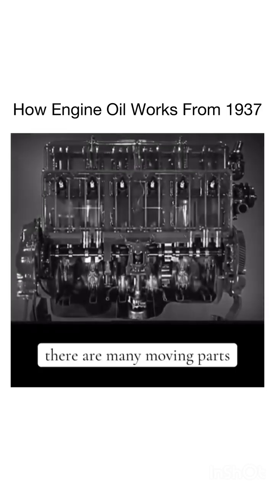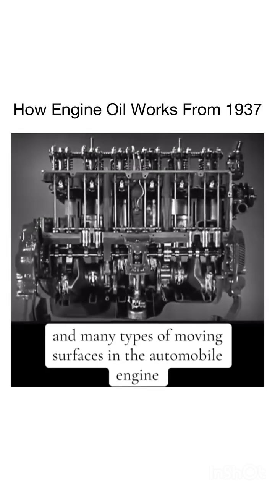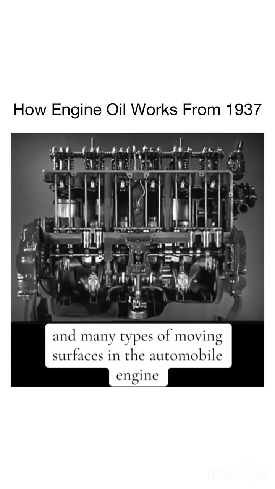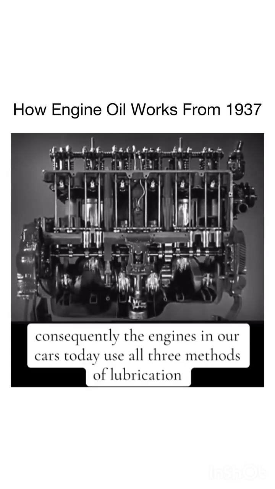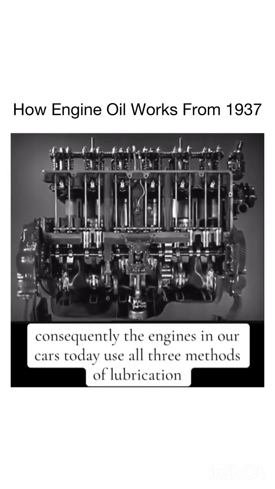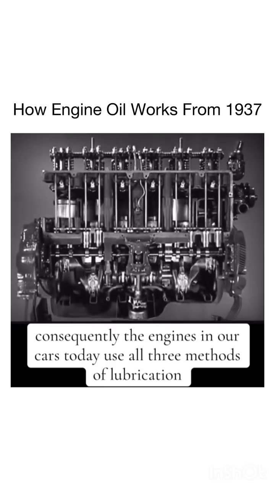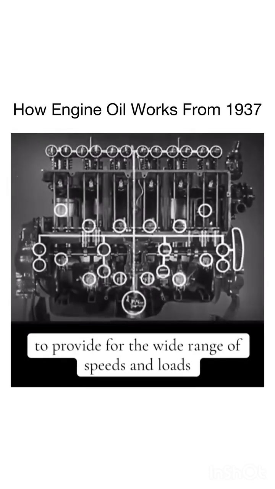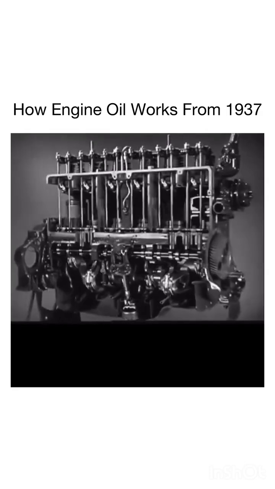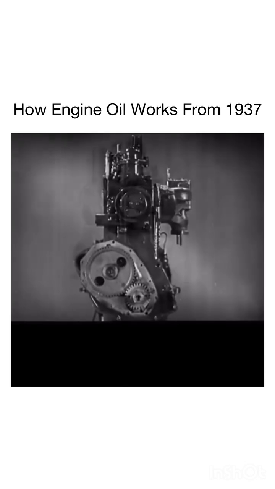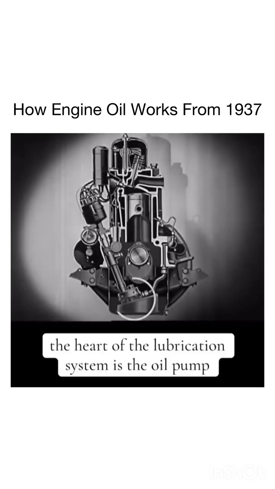There are many moving parts and many types of moving surfaces in the automobile engine. Consequently, the engines in our cars today use all three methods of lubrication to provide for the wide range of speeds and loads. The heart of the lubrication system is the oil pump.